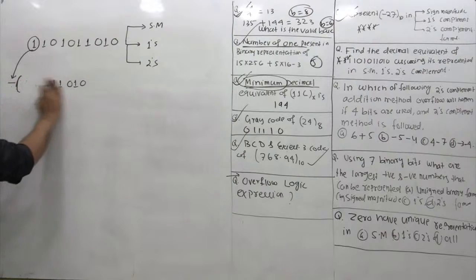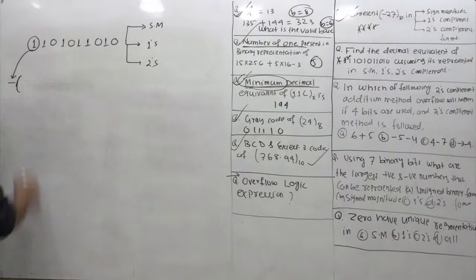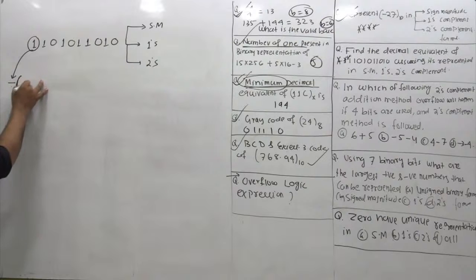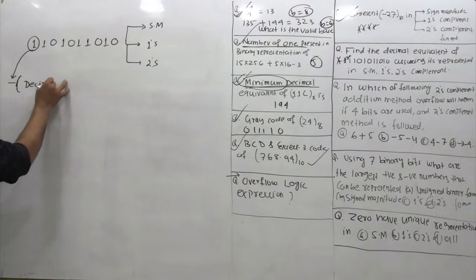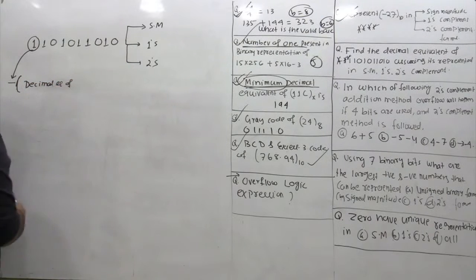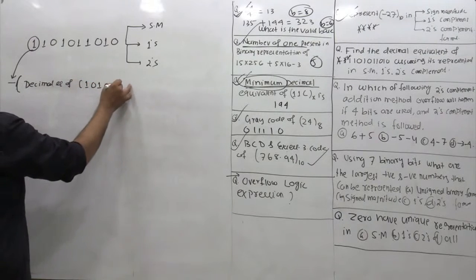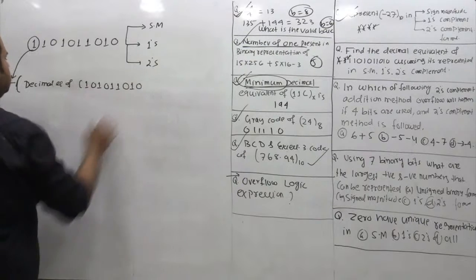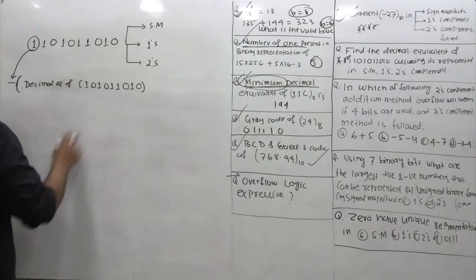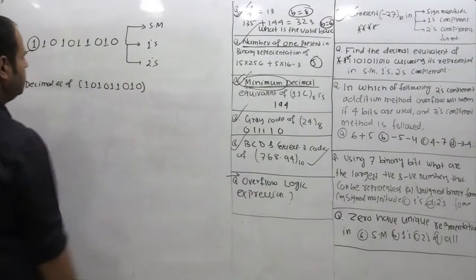Then you need to find the decimal equivalent of the normal binary number 1 0 1 0 1 1 0 1 0.